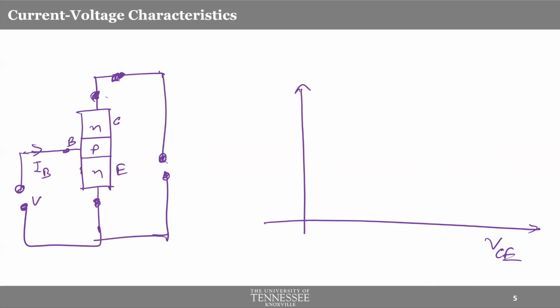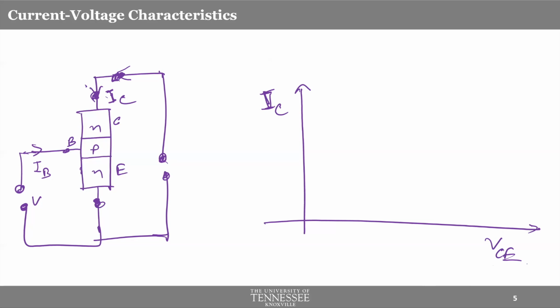We could control the VCE, and the current that we should look at will be the output current. Actually, current flowing through the output portion of the circuit is IC, collector current. So we will be plotting IC versus VCE.